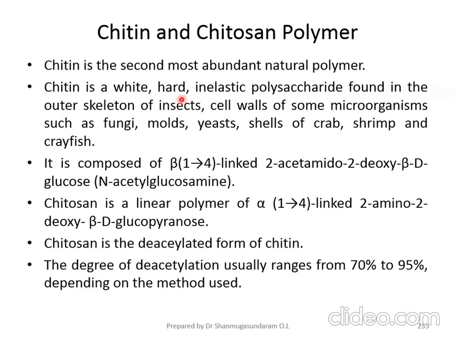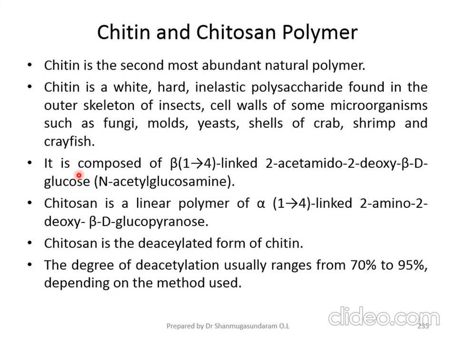Chitin is a white, hard, inelastic polysaccharide found in the outer skeletons of insects, cell walls of some microorganisms such as fungi, molds, yeast, and shells of crab, shrimp, and crayfish.